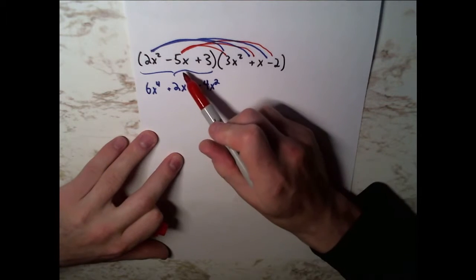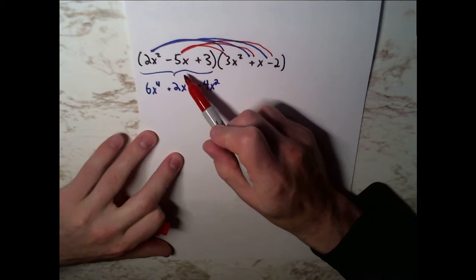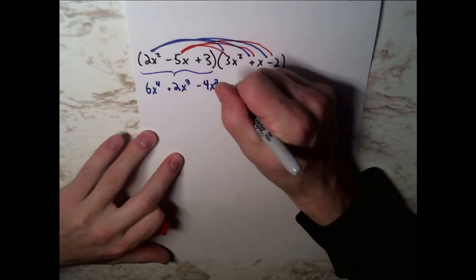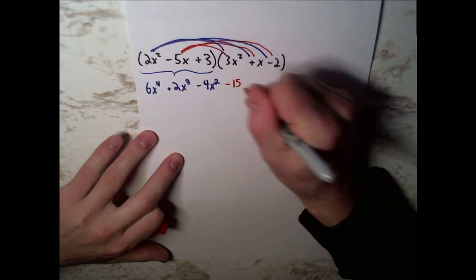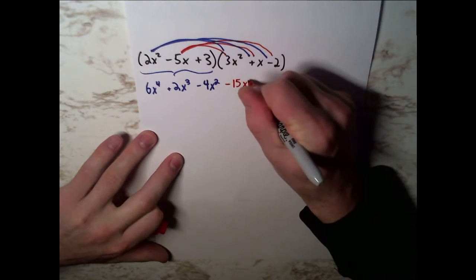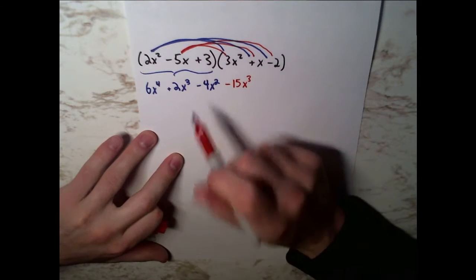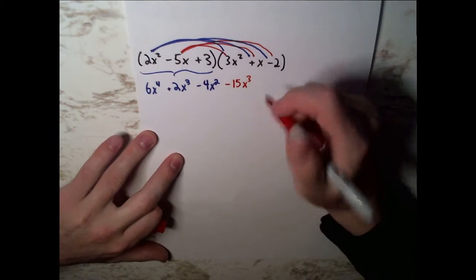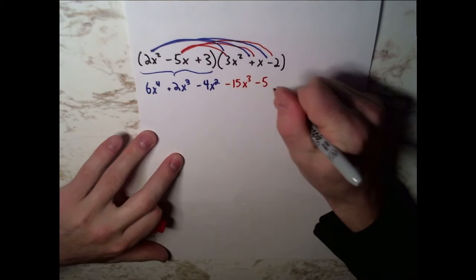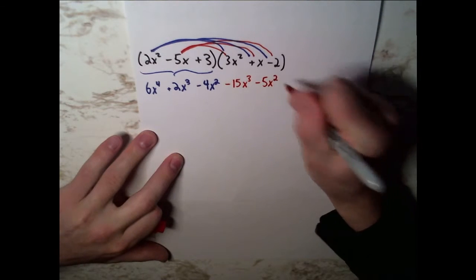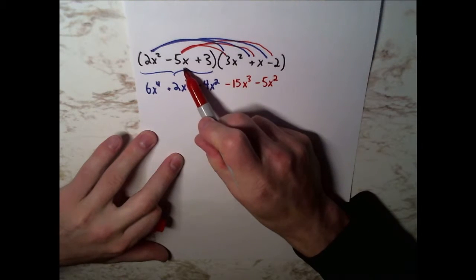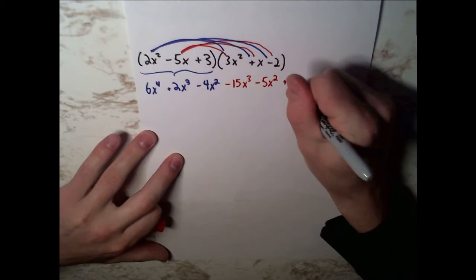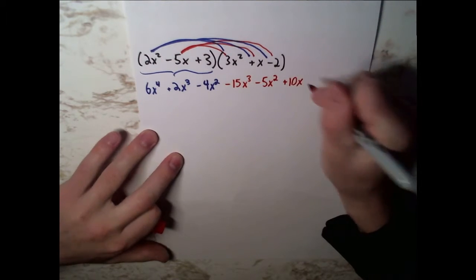So we have a negative 5x multiplied with a 3x squared, giving us negative 15x cubed. We have a negative 5x multiplied with an x, which gives us negative 5x squared, and a negative 5x multiplied by negative 2 gives us positive 10x.